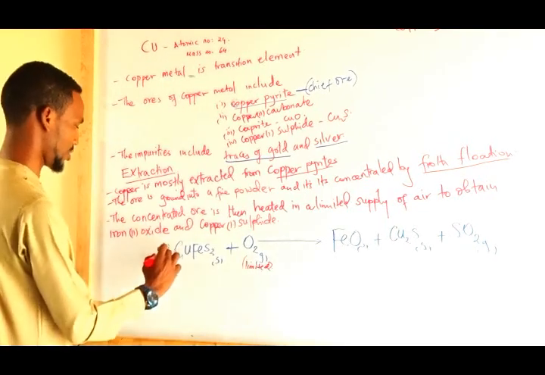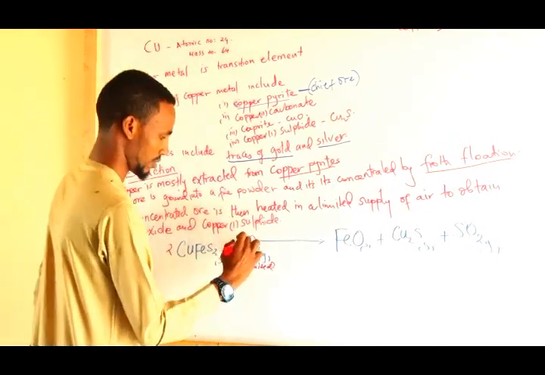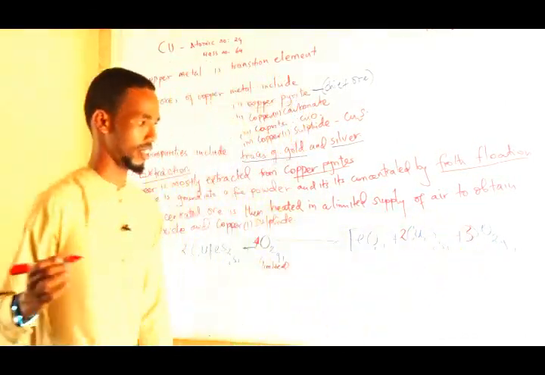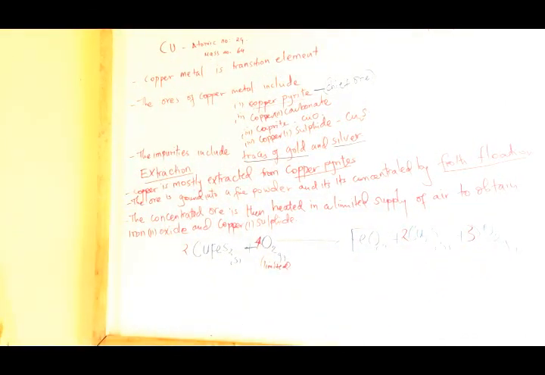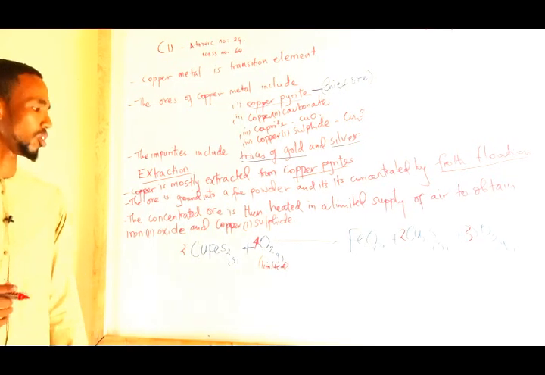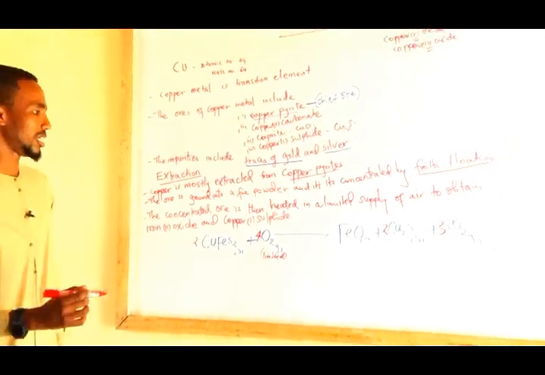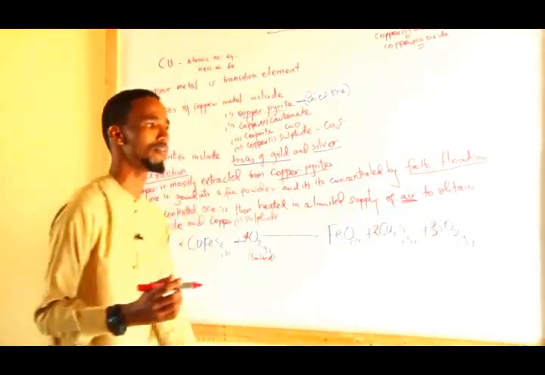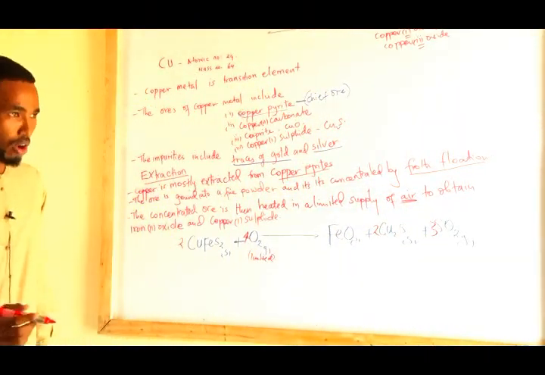And when you are balancing, you balance 2, 4 here, then 2, 3. So that's the first stage of the extraction method, just by use of air.